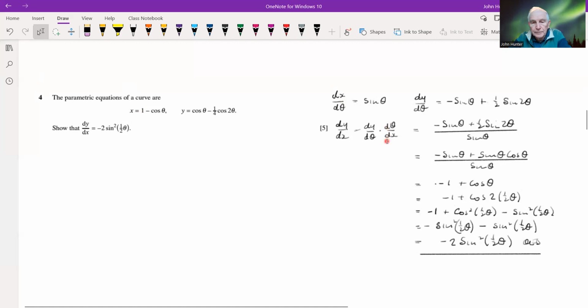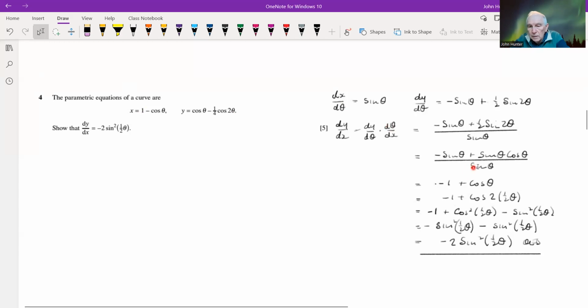This is a sort of uncancellation, as I sometimes describe it. And d theta dx is the reciprocal of dx d theta. So gluing these two together gives us dy dx is equal to this expression in theta.